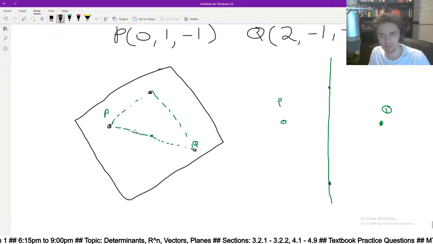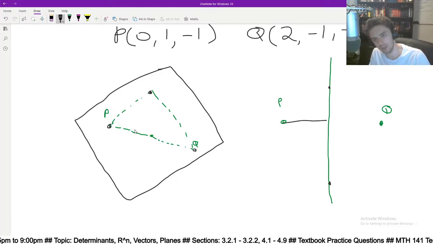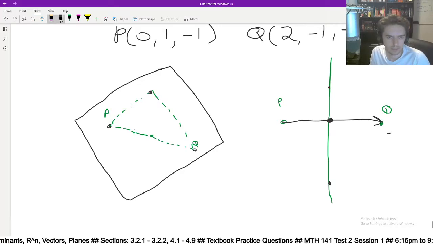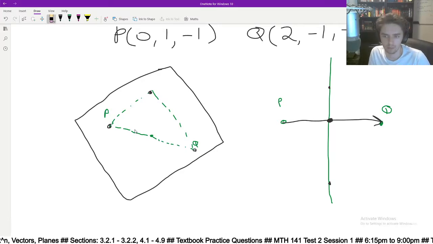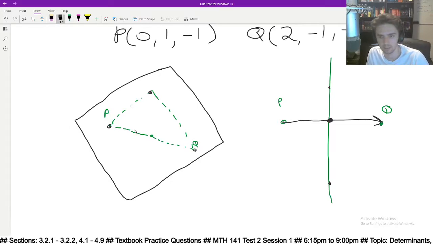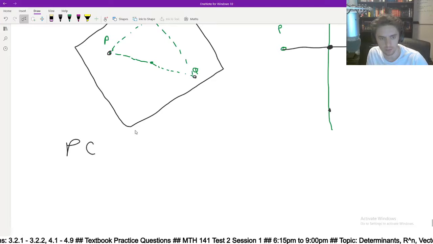First of all, let's figure out PQ, because the normal of this plane will be that vector, or half of it, but really the normal could be any multiple of itself. Let's just say half of it because it makes more sense here. So let's find PQ first.